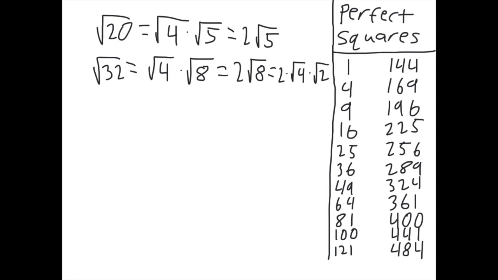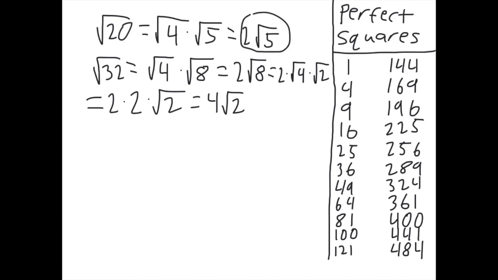So 2 times the square root of 4 times the square root of 2. So that leaves us with 2. The square root of 4 is 2, and times the square root of 2. Now we multiply these two. 2 times 2 is 4, and we're left with the square root of 2. So 4 square roots of 2. Let me just circle the answers.